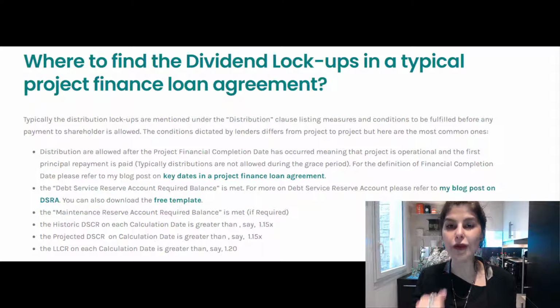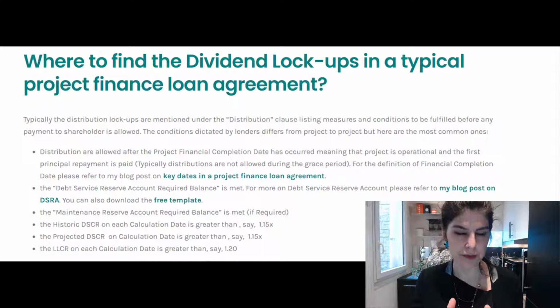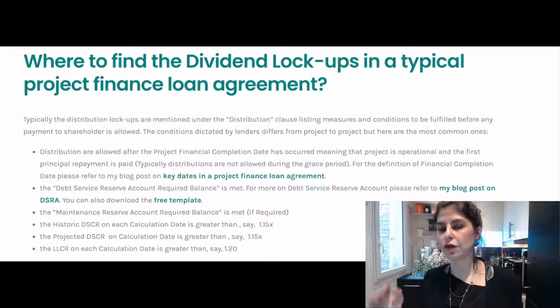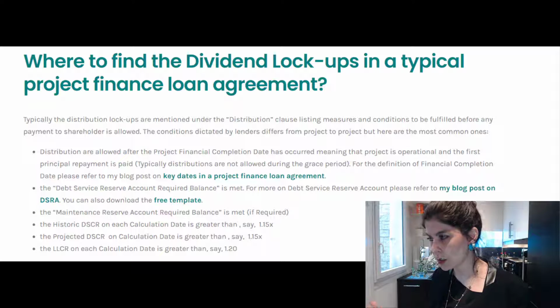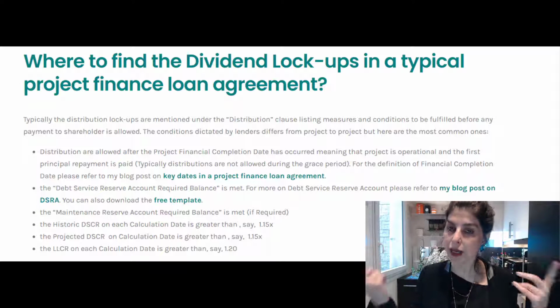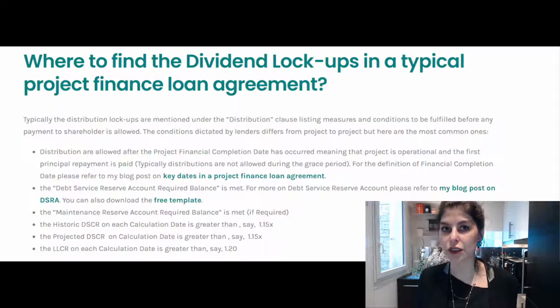So the lenders will dictate, and they will say to the investor, before you distribute any cash to your investors, you need to meet these requirements. This can differ from project to project. However, the typical ones that I have seen in the projects that I worked on are as follows.